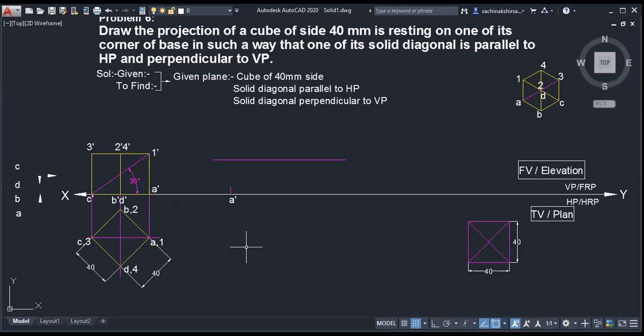C dash 1 dash तुम्ही फेंट लाईन ने जोडून घेतला का? फेंट लाईन ने जोडून घ्या पहिला. Yes sir. Have you joined? Yes sir. From A dash, from point A dash, draw perpendicular line on C dash 1 dash. काढता येईल का? परपेंडिक्युलर लाईन काढता येईल?